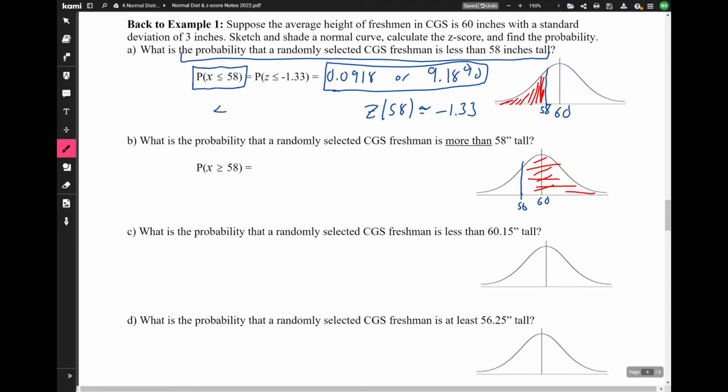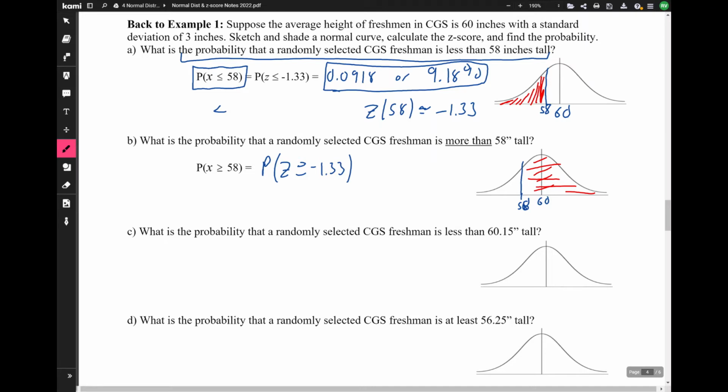We can convert it to a z-score. 58 is the same, so it's still the same z-score. But if you go to the probability table, the only number you're going to find is 0.0918. And that can't be right, because we're asking a different question.